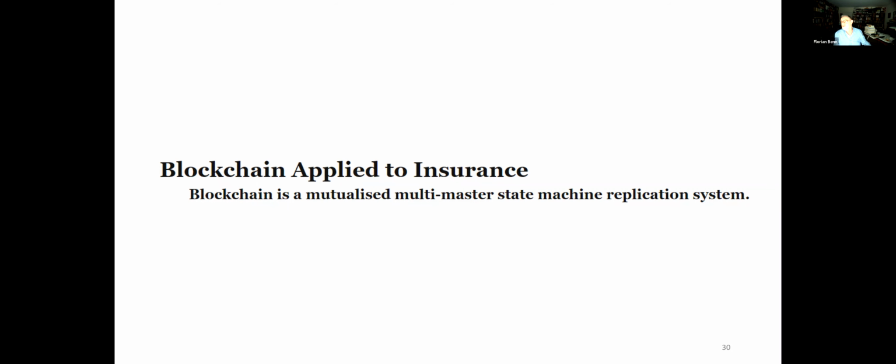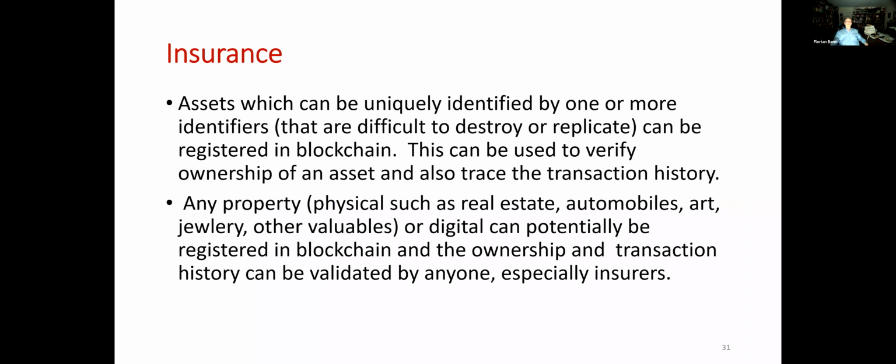So this is a little bit over the board to my sense, but I understand from a technical point of view. It's taken not from a technical paper, but from a business paper. Now, so what is insurance? You have assets that can be uniquely identified, and they are presumably difficult to destroy or replicate, and they can be registered in a blockchain. This type of registration can be used to ascertain the ownership of these assets. That's what insurance is all about.